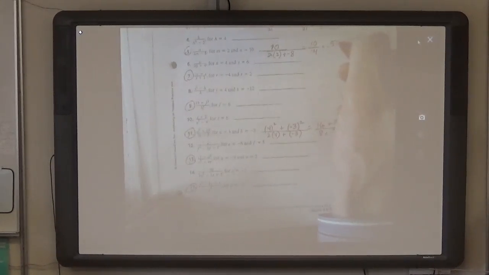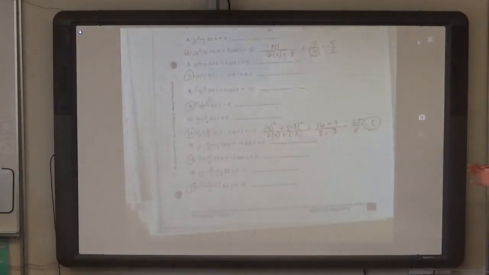But which would be the negative? Well, because this is negative 4, that negative sign has to stay there. It makes the whole fraction negative. That's what I was wondering.